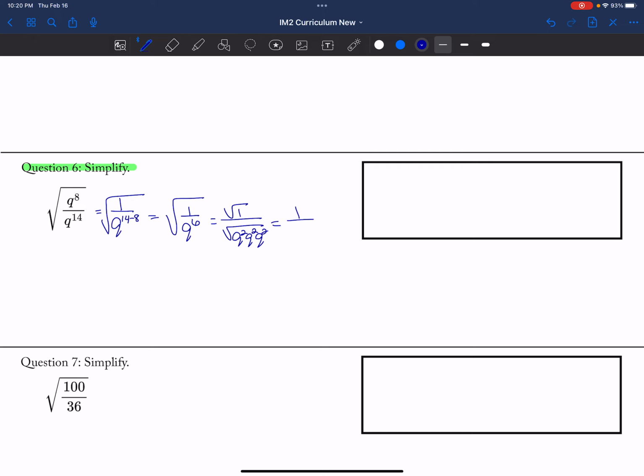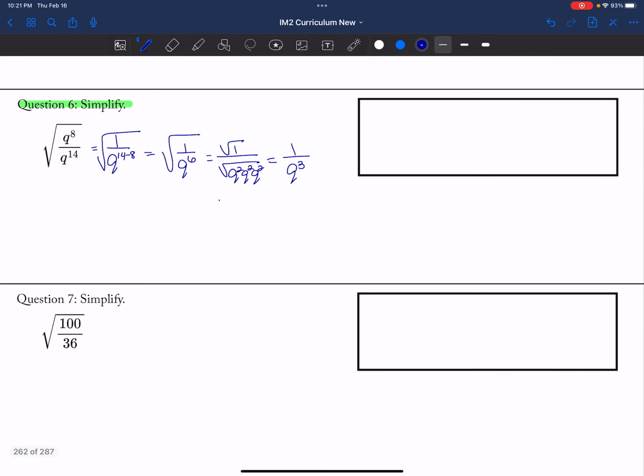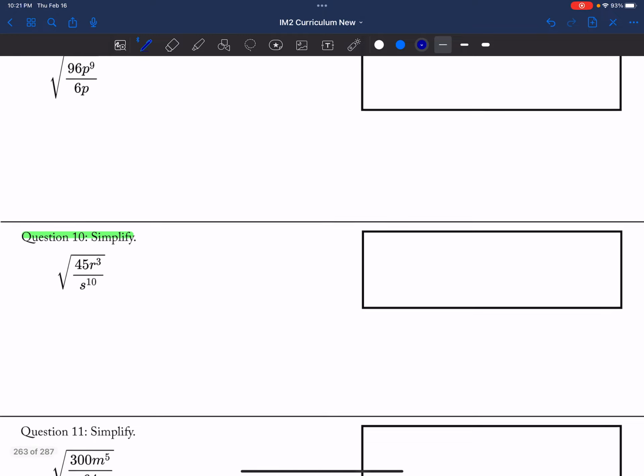So that gives me 1 over q to the 3rd. I don't mean to skip steps, but this is square root of q squared, square root of q squared, and square root of q squared. So there's 3 of them. Okay? All right. So 1 over q cubed.